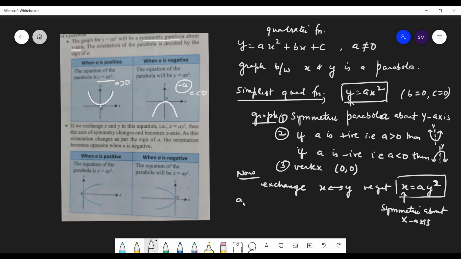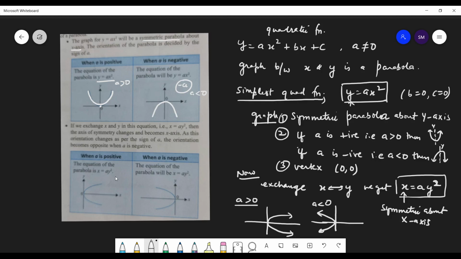So again, if a is greater than 0, you will get this parabola. And if a is less than 0, then you will get this parabola. The rest of the thing, vertex 0, 0, will remain the same.